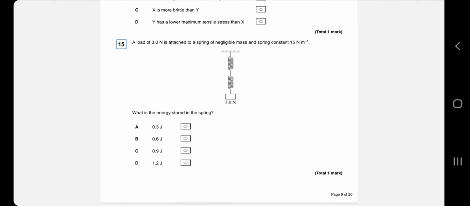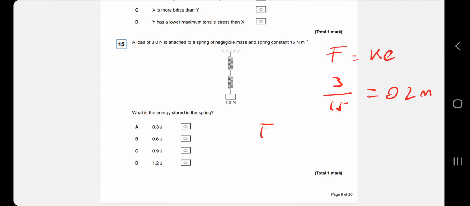So question 15, a load of 3 newtons is attached to a spring of negligible mass and spring constant 15 newtons per meter. What is the energy stored in the spring? So what we can do is calculate the extension using force is equal to K times E. So the extension will be the force divided by the spring constant, so that will be 3 divided by 15, which gives 0.2 meters.